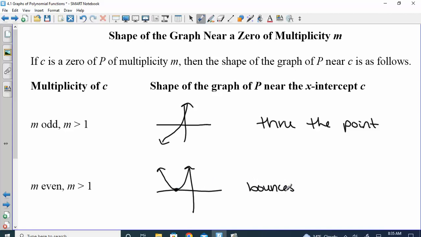Bounces. Okay. So as we go through this chapter, we'll start identifying x-intercepts, and is it going to go through or bounce? And that's based completely on the degree.